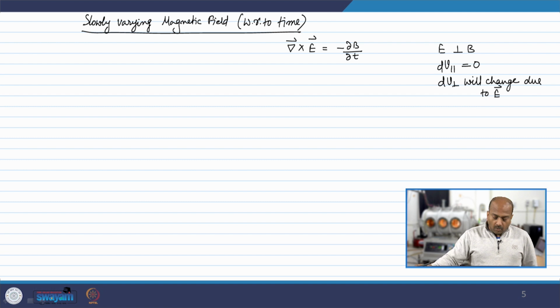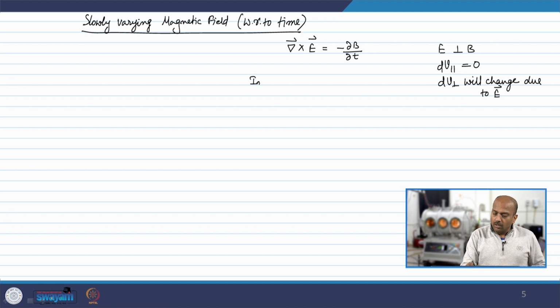Let us see how all of this can be understood with the help of some mathematics. So, the electric field will now change the kinetic energy, no doubt, of the particle in a perpendicular direction, obviously. So, actually this induced EMF, because of the changing magnetic field, will increase the energy of the particle, right.